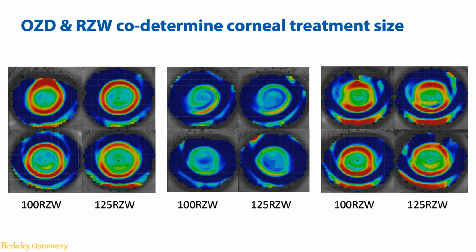So even though this is a smaller pilot study, only involving 6 eyes, from the consistency, we can tell that it's not just the optic zone diameter, but the combination of the optic zone diameter as well as the return zone width that co-determines the corneal treatment size after ortho-K is stabilized.